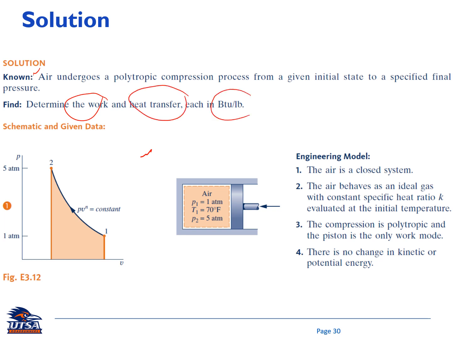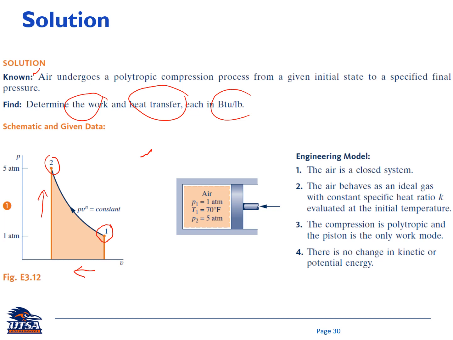The next step is to make a schematic. We have a PV diagram here. It is a compression process, so volume decreases and pressure increases, changing from state 1 to state 2, going to the left, because the volume decreases, and up, because pressure increases.